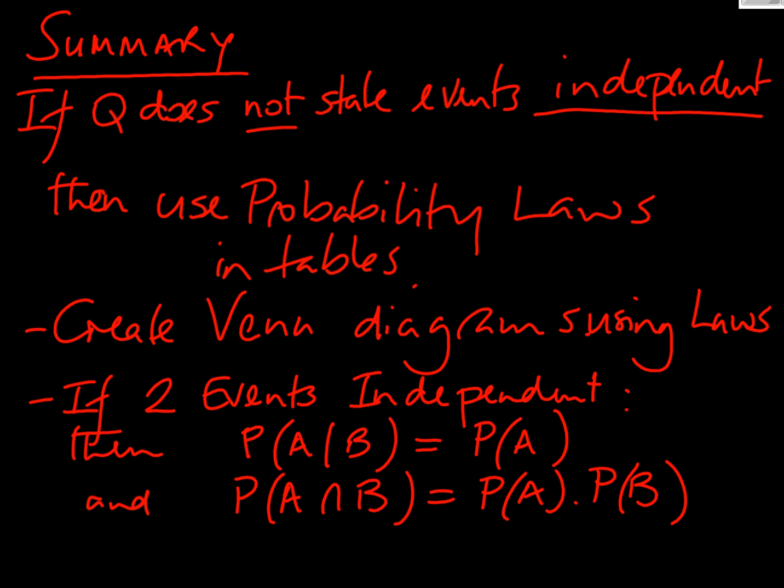And if two events are independent, then we can use one of these two things that should be true to test that. So the probability of A given B, if A is independent of B, should just be the probability of A. And the probability of A intersect B, if they're independent, should just be the probability of A times the probability of B. So you can test those and you can reach your conclusion. I hope that's useful. Bye.